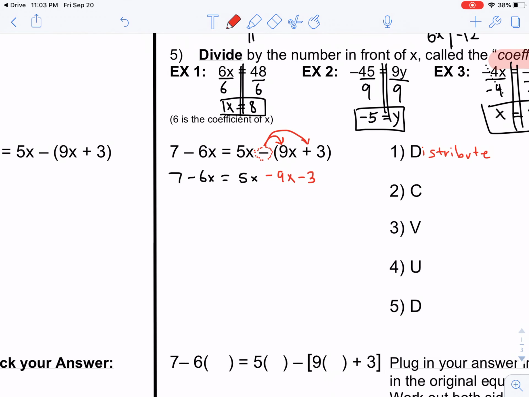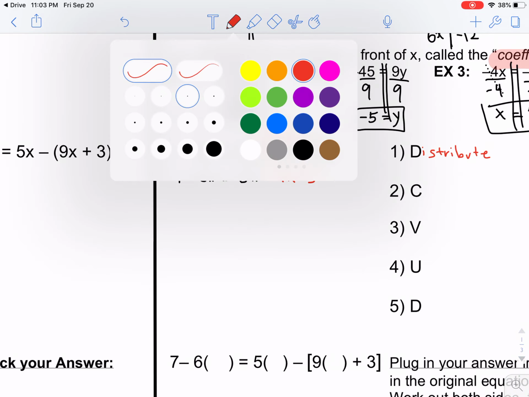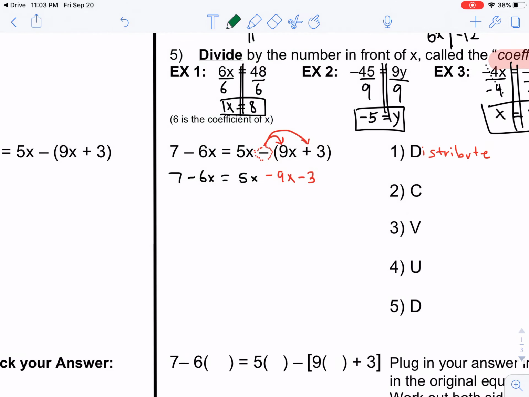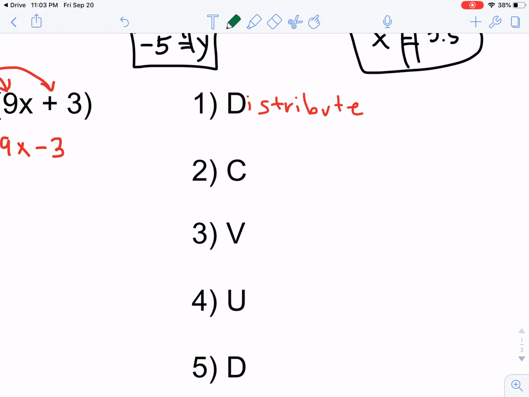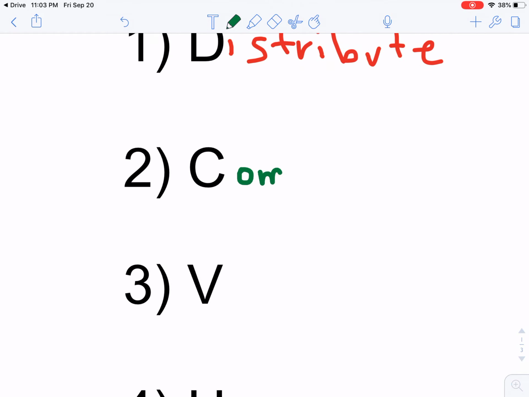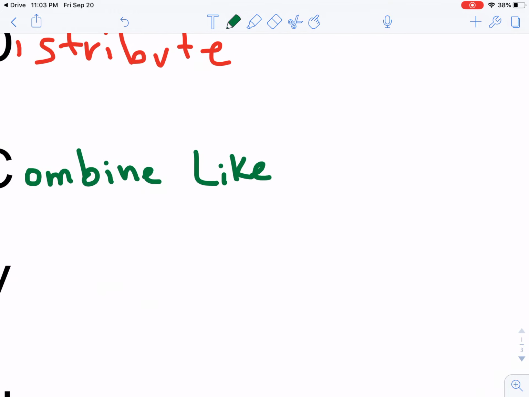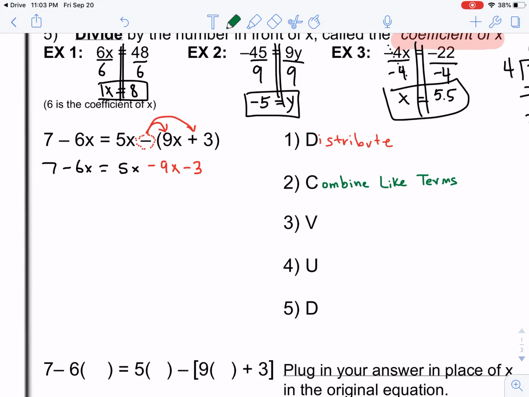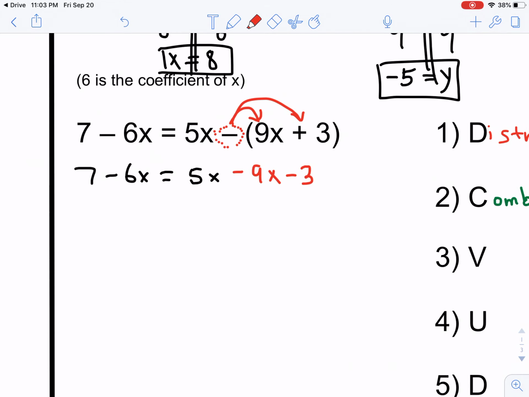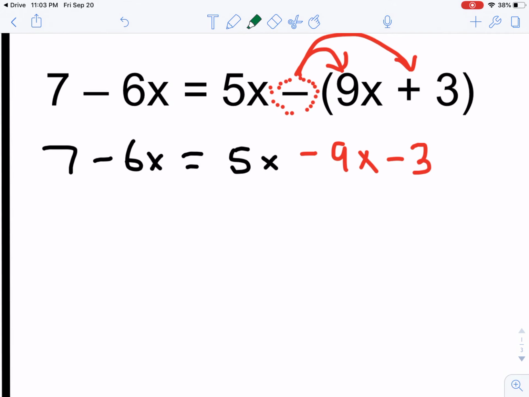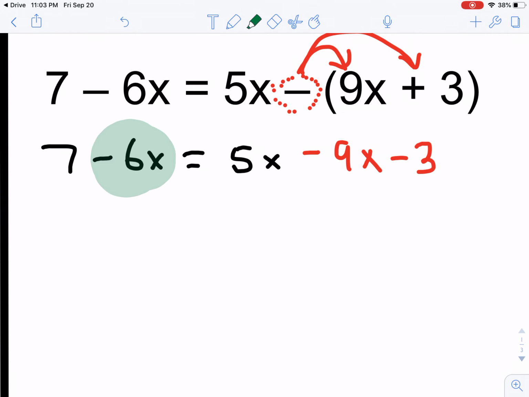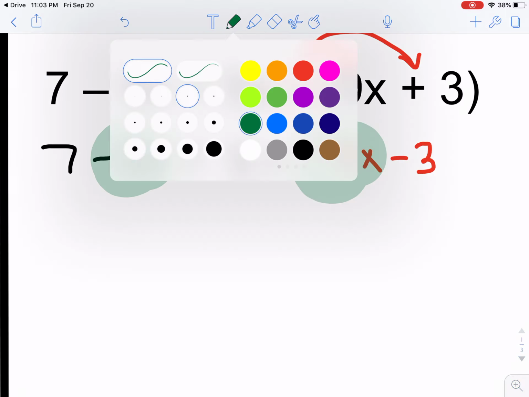After that, step 2 is to, let's choose a darker color, combine like terms. So what we need to do is we need to highlight.